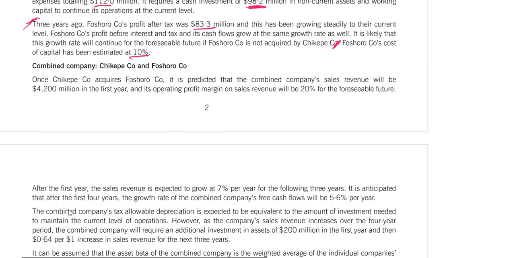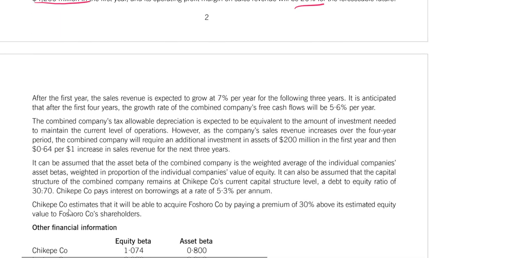Once the acquirer acquires the target company, it is predicted that the combined company sales revenue will be 4,200 million in the first year, and the PBIT margin is given. And after the first year, sales revenues will grow by 7% in the next 3 years, and after 4 years, growth will be 5.6%.